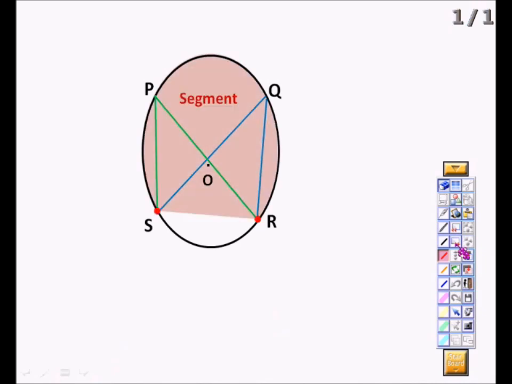So we can see clearly in this picture that S and R are the two sources of these two angles, SPR and SQR, and the two of them are at points P and Q, which are on the same segment of the circle.